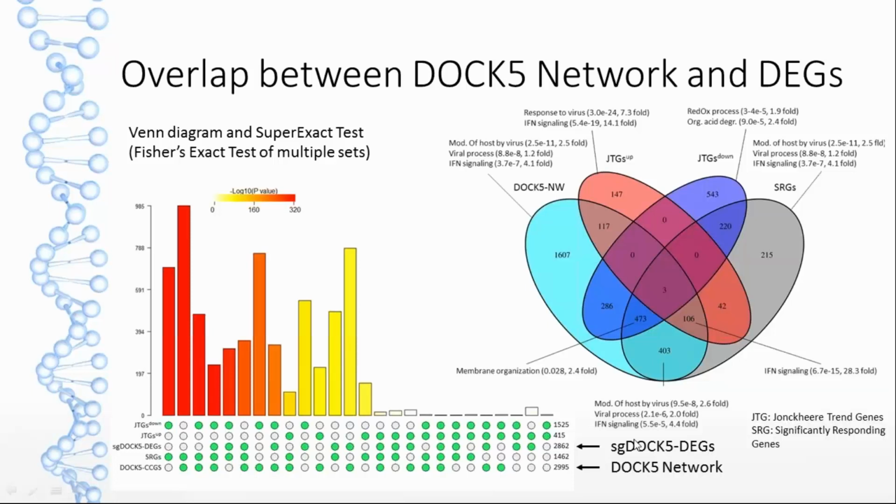But in addition to the knockout DEGs, we also look at, of course, our DEGs measured from the transcriptomic data, and again there's some correlation and similarities of these particular genes between the network, the knockout, and for example some particular trend.